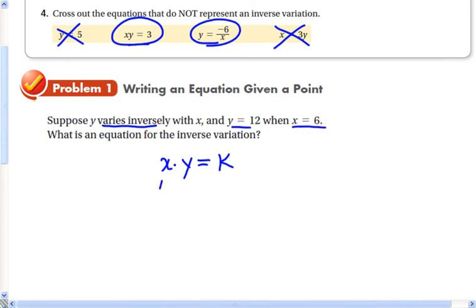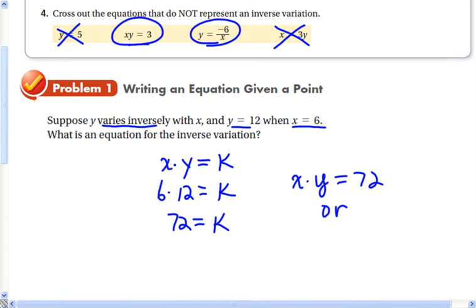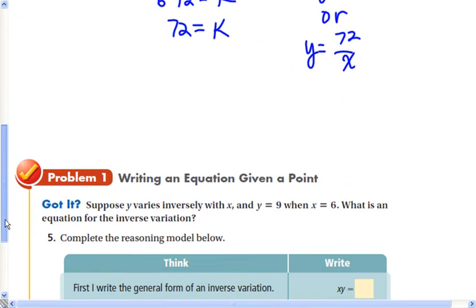So we know that 6 times 12 will always be the same constant. And 6 times 12 is 72. Okay, so the equation is, we have two choices. We can either just say that multiply the variables together and you get 72, or we could say y is equal to 72 divided by x, so the constant divided by x. Either way. All right, I'll let you try that.